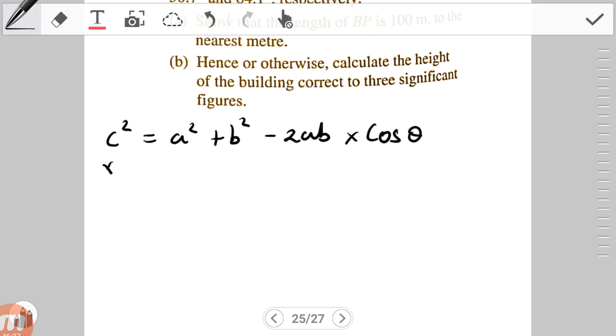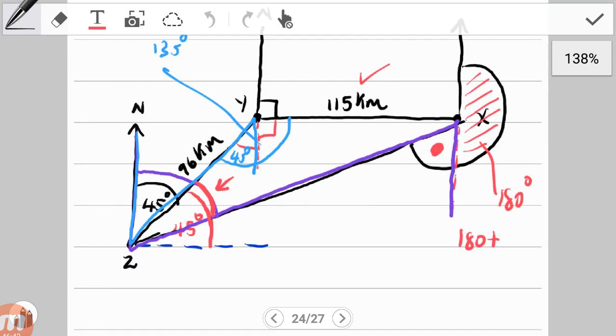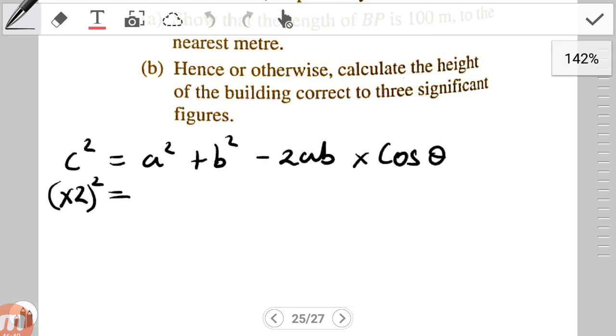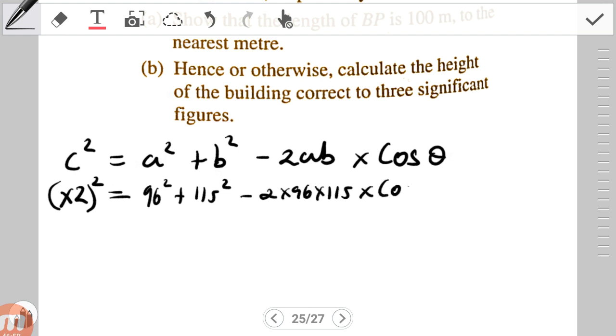So xz squared is going to be equal to 96 squared plus 115 squared minus 2 times 96 times 115 times the cosine of the angle between, which we had deduced to be 135 degrees. Lots of work to do, guys, but let's get into it.